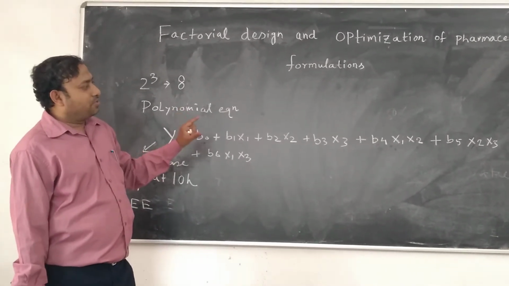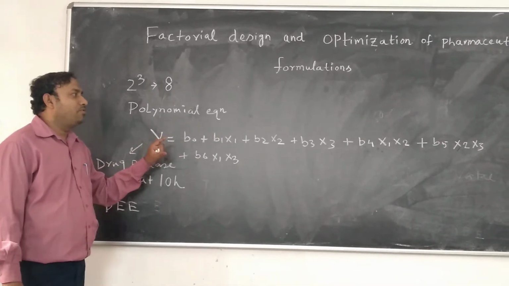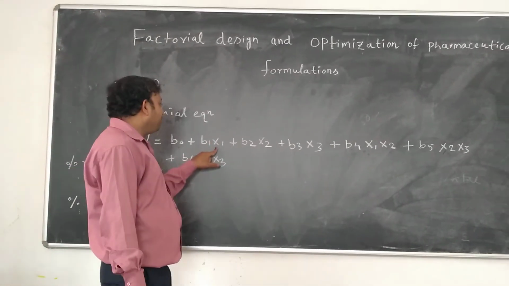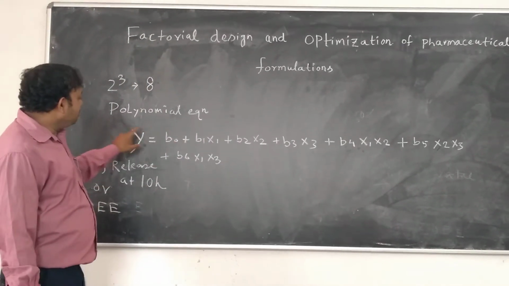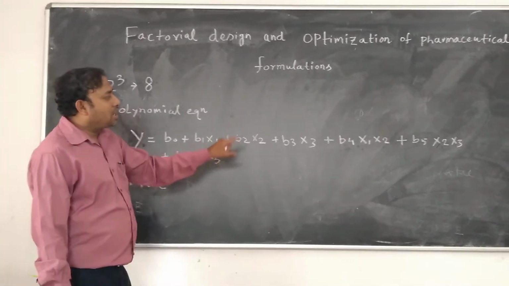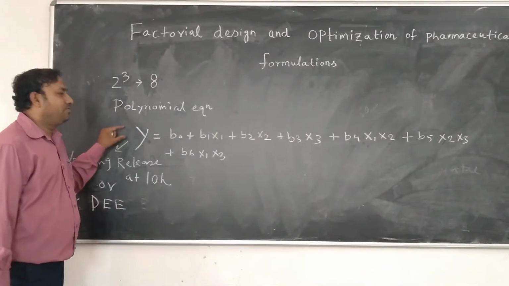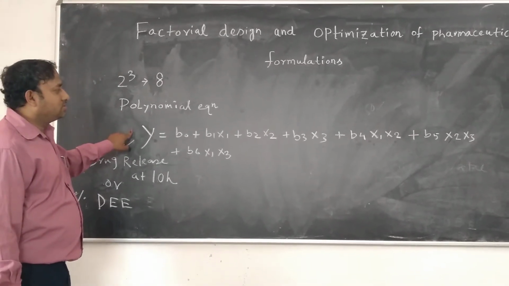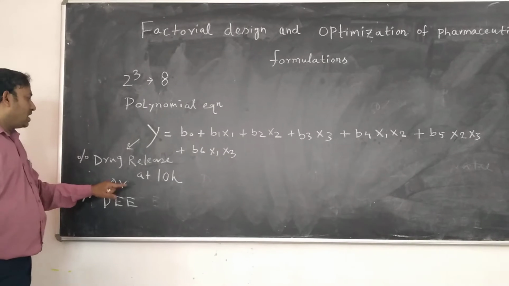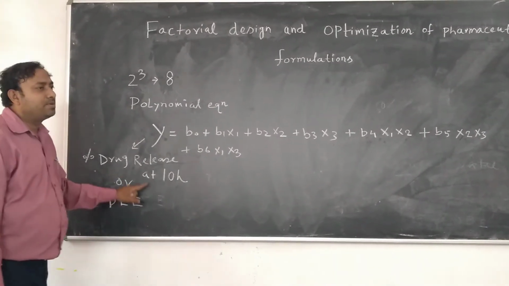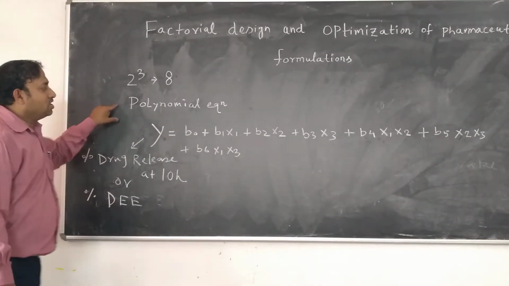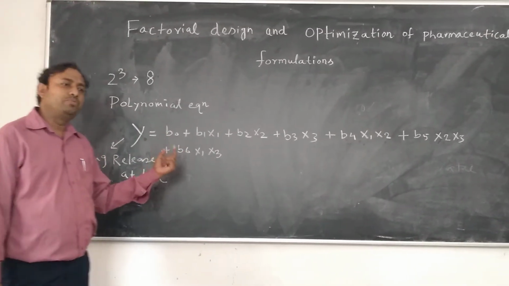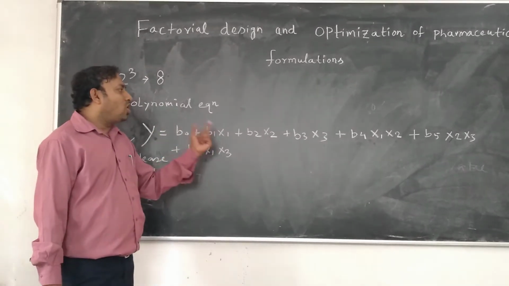We perform the one-way ANOVA to find out the individual factor response on y, and also the interaction of the individual factors, their response on the y value or dependent variable. Y is considered as the drug release or percentage drug entrapment efficiency, etc.